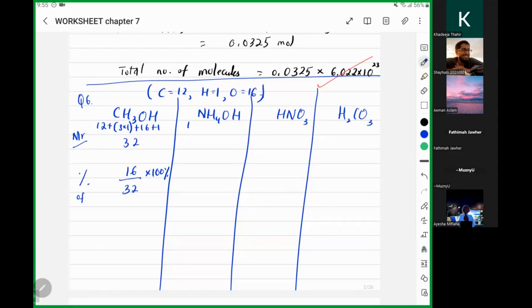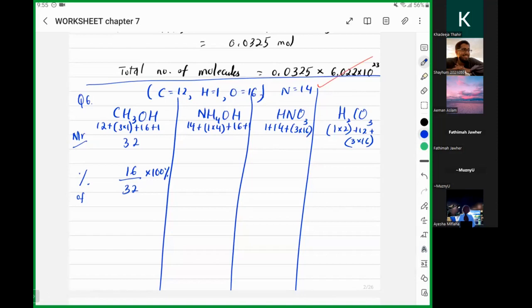Here nitrogen is 14. 14 plus 4 into 1 plus 16 plus 1. Can someone tell me the value? 1 plus 14 plus 3 into 16. Then here 1 into 2 plus 12 plus 3 into 16. Did you get it? Now tell me the value, somebody.